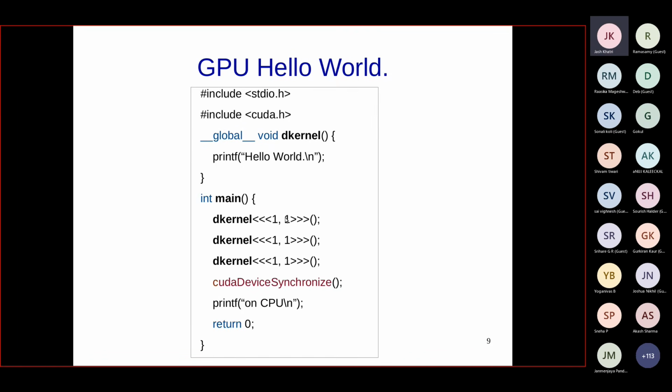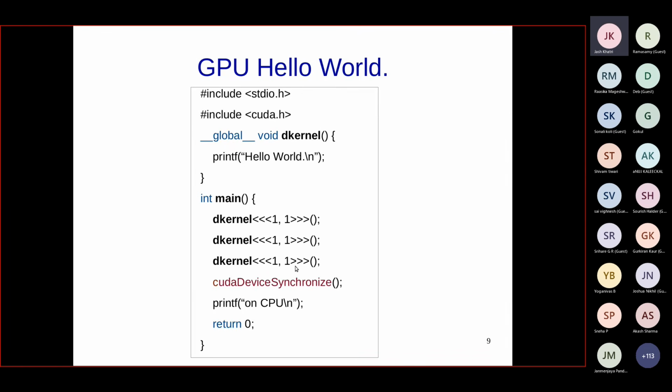Then the CPU will go on, launch the second kernel, then the third kernel call, and then it will wait at cudaDeviceSynchronize. Until all these kernel calls are finished, the CPU will wait here.